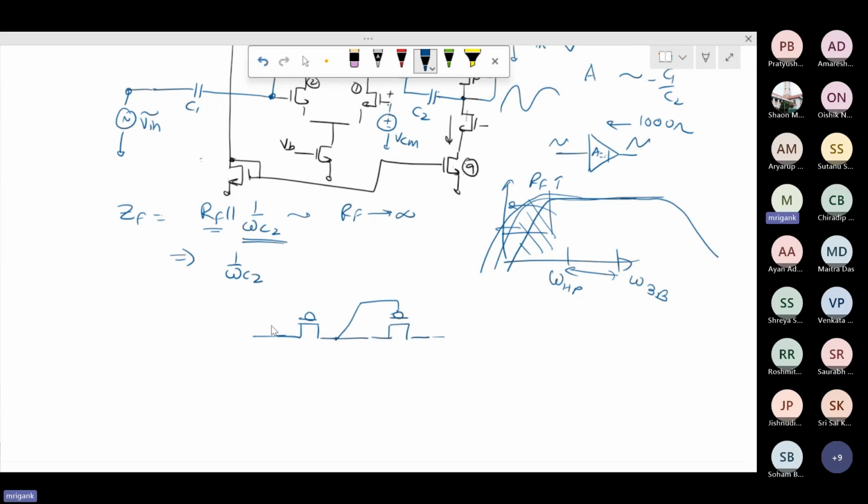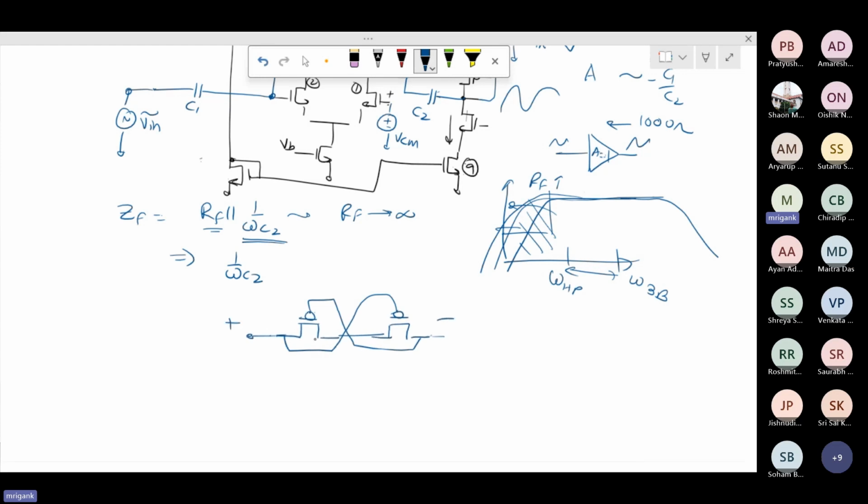I forgot the connection. Let me remember. So this one, sir, was between, I think, the gate of one and the source of the other, and then between the gate of the second and the source of the other. Yes, something like this. And then you have this positive terminal, negative terminal.